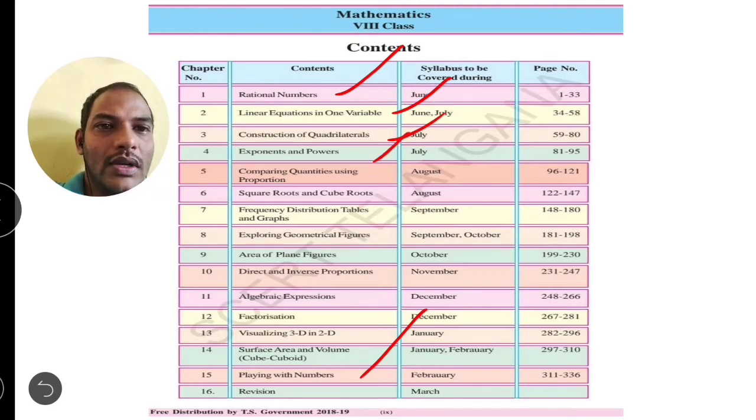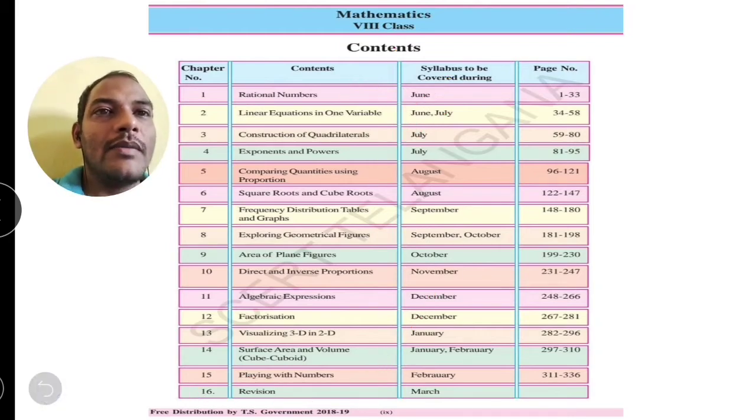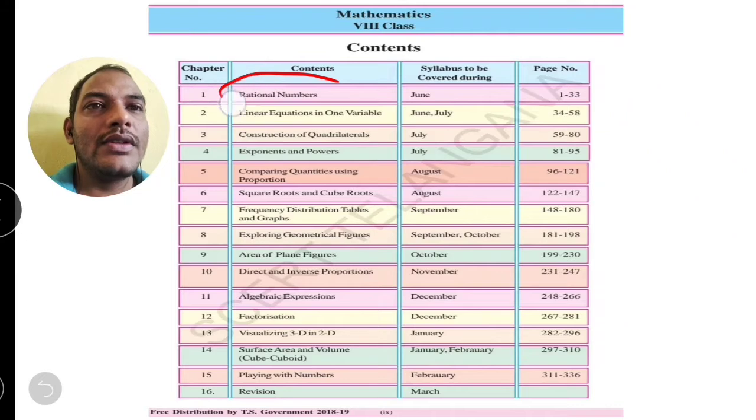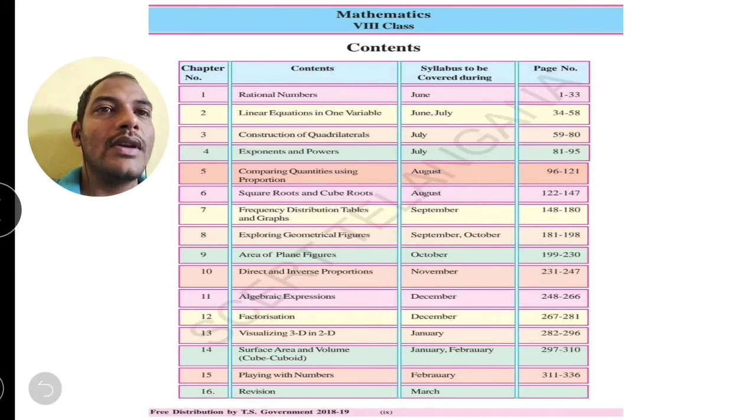The last chapter is playing with the numbers, and the 16th one is not a chapter, it is a revision. Okay, so in the Smart Teacher app, I think you already learned the first chapter. Now I am going to start the second chapter, linear equations in one variable.